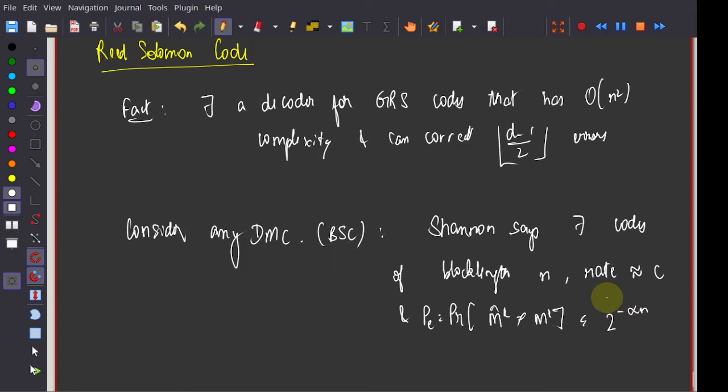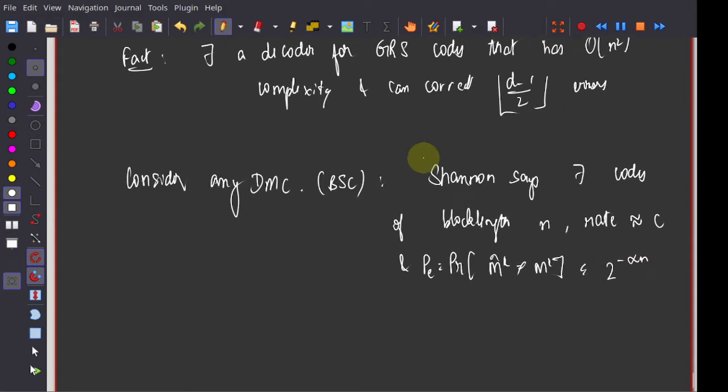So you can achieve exponentially decaying probability of error, for any block length n, with rate approximately equal to C.